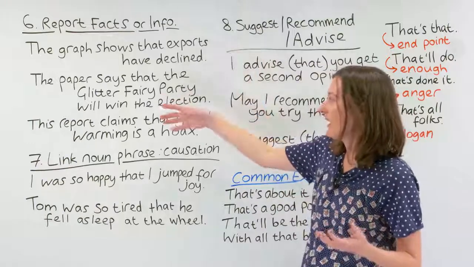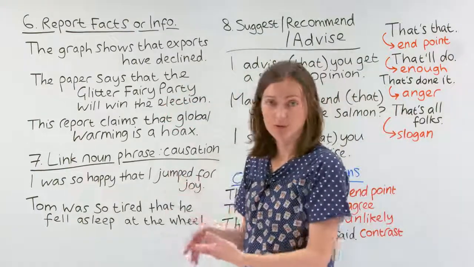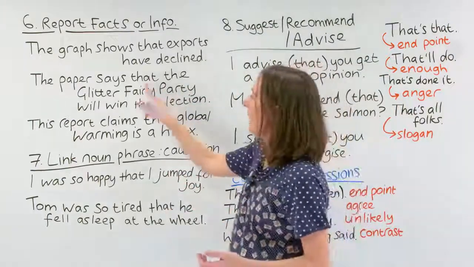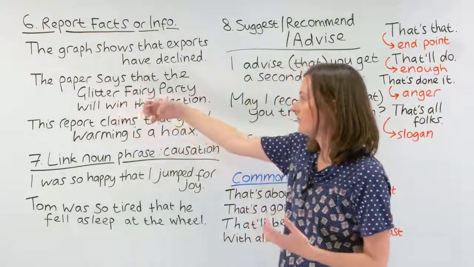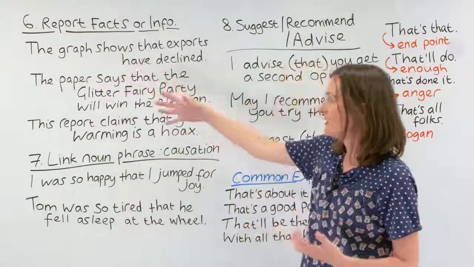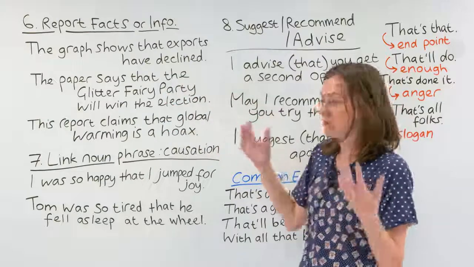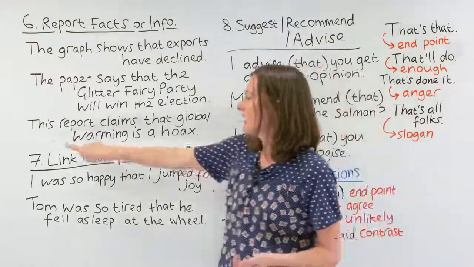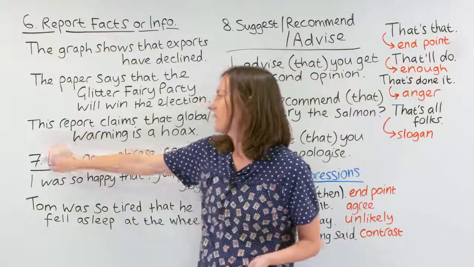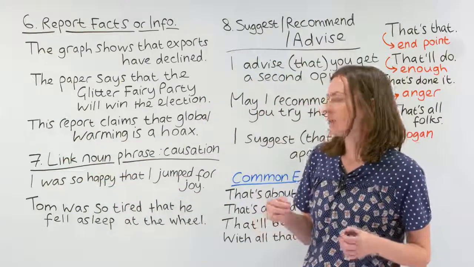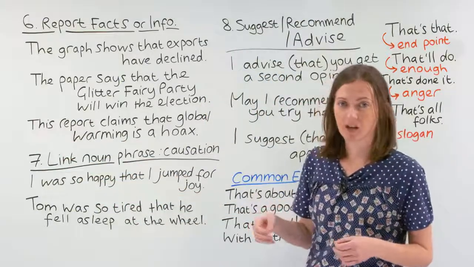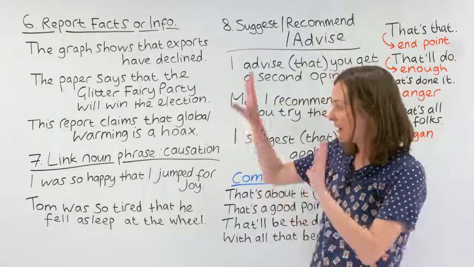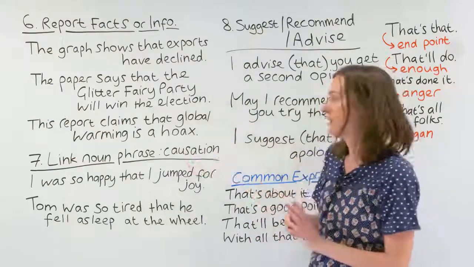Same thing happening here. The newspaper reports the news to us and we can use the construction "says that" so that we have the information about who's winning the election. And another example here is, this report claims that global warming is a hoax. We have the same thing happening in all the examples.